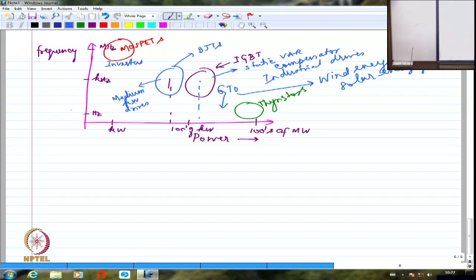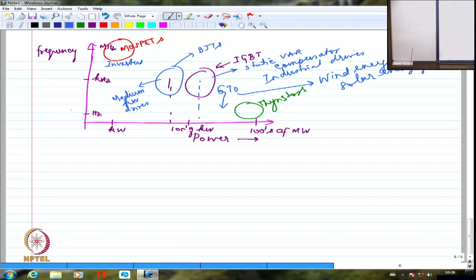Similarly in wind energy, what we get will be a variable speed. We will not be able to get a fixed speed. So if I have a variable speed, what I get out of the AC generator will be variable frequency AC. I can't feed it to the grid directly. I want 50 Hertz. So I'll convert that into DC. For AC to DC conversion, I can use GTO if I want, or I can again convert the DC into a higher voltage by using a boost converter.